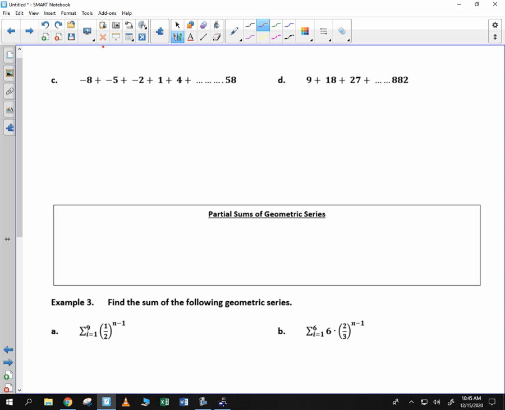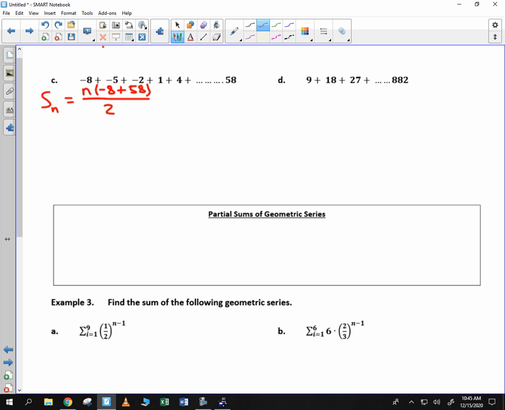So in this situation, we're going to add these up. The sum of the first n terms, we don't know n, is equal to n times the first term plus the last term divided by 2. We can figure out n.